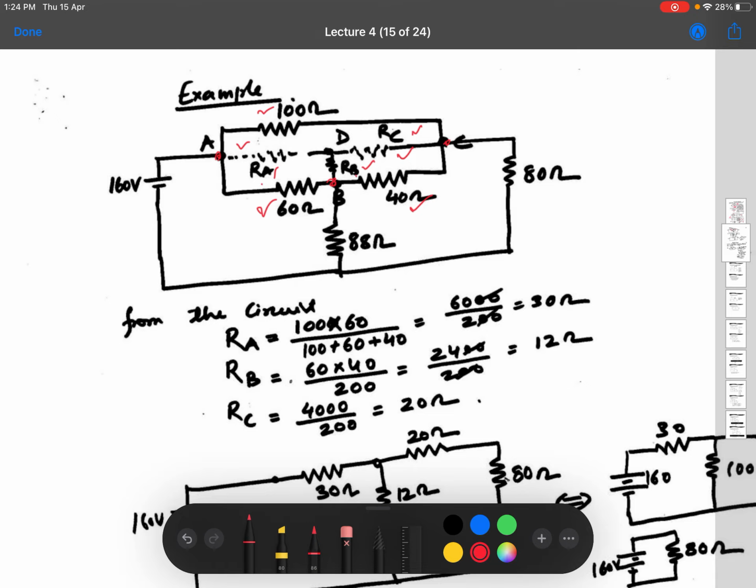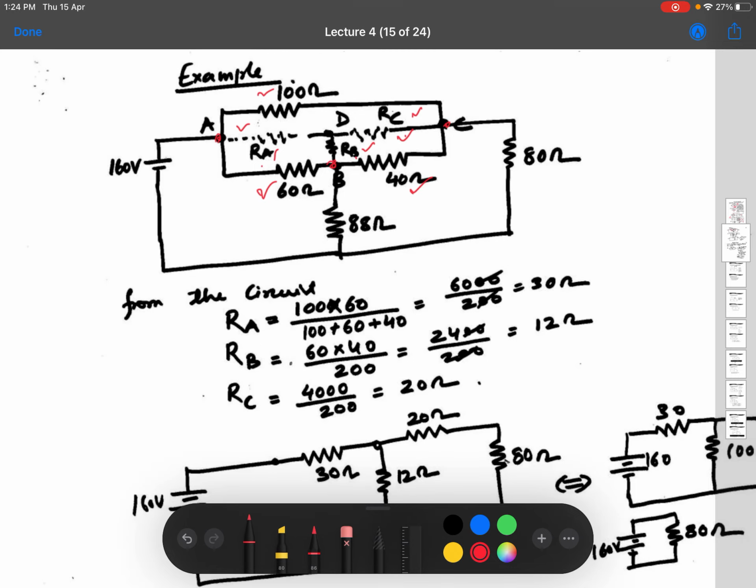Now I have to find RA, RB and RC to get the delta equivalent of this star connection, which comprises 100 ohm, 60 ohm and 40 ohm. If I use the same formula to calculate RA, RA is basically 100 into 60 divided by the sum of all the three, so you get 30 ohms.